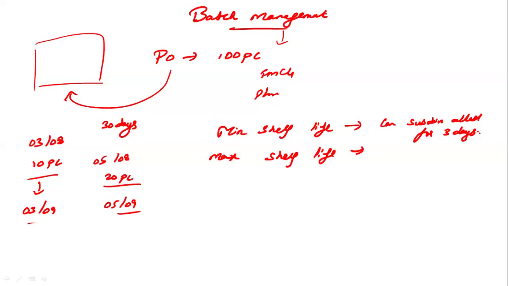For example, you are buying milk, and on the milk you will see best before 2 days. That means you need to use that milk within 2 days. But when you say best before 2 days, it is nothing but the minimum shelf life. You can still use that milk after 2 days also, if you are preserving that milk under a certain temperature.